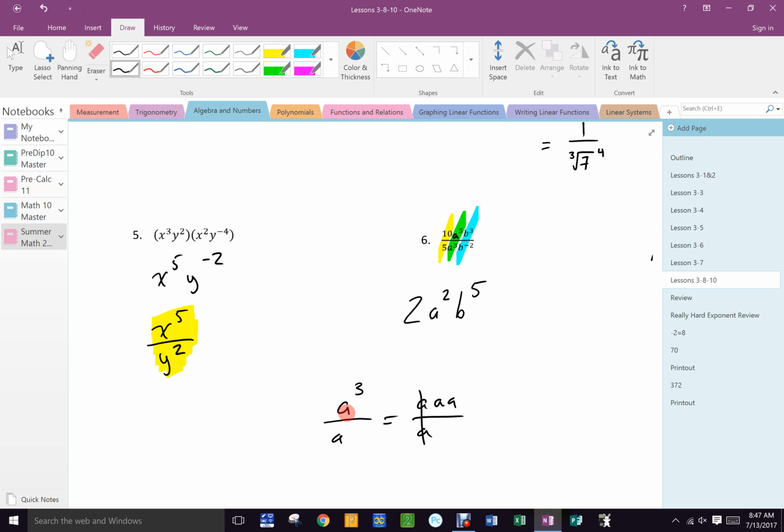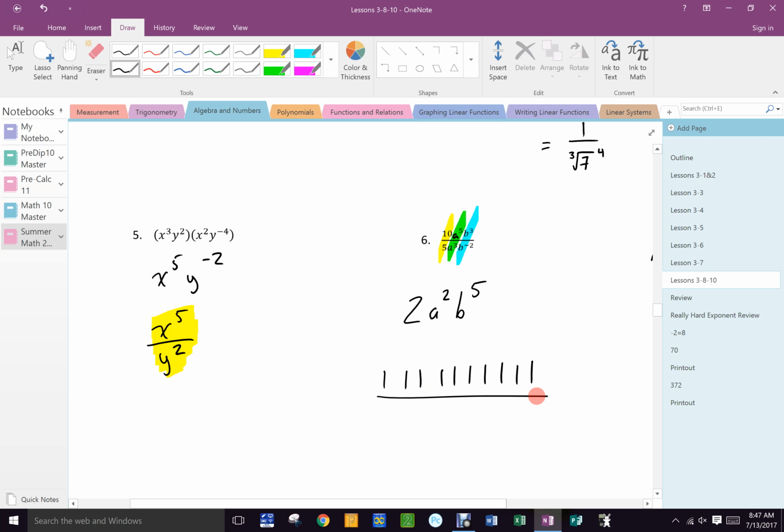Do you understand? So this 10 over 5 is technically 10 ones, right? Over how many ones? 1, 2, 3, 4, 5. Cancel, cancel. Leaves you with 5, right?